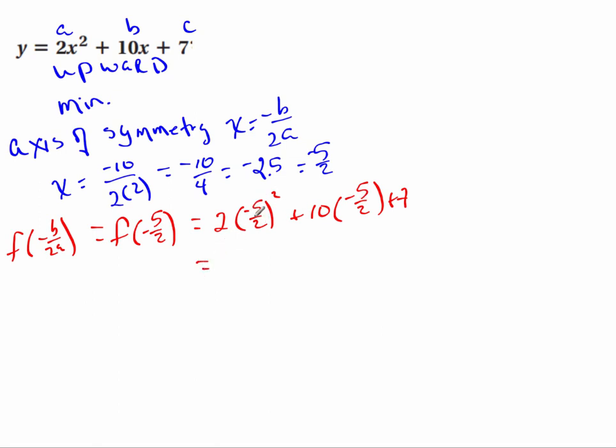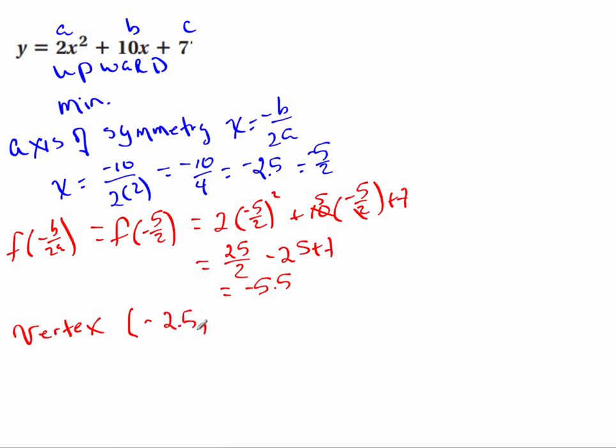So when I do this, I see this is going to be 2 times 25 divided by 4. So this will be 25 divided by 2 minus 25 plus 7. So when I do this, a little math in my head, I'm going to wind up getting minus 5.5. So the vertex is the x, you go to the axis of symmetry, that's your x value, so it's minus 2.5, and the y value is minus 5.5.